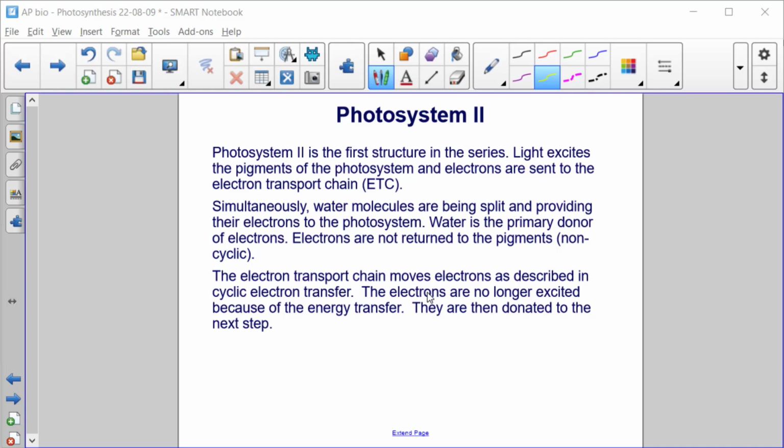Electrons are not returned to the pigments. This is a non-cyclic electron transport here. The electron transport chain moves electrons as described in cyclic electron transfer, but the electrons are no longer excited because of the energy transfer. They are then donated to the next step.